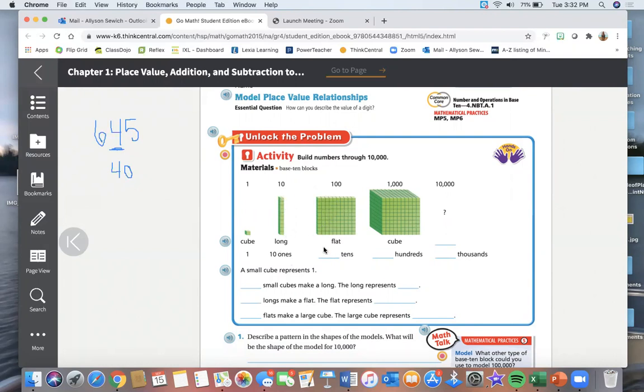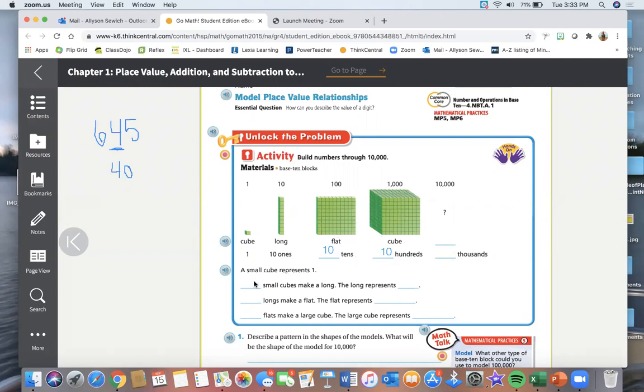So right here, I'm going to write 10 because there are 10 longs and 10 tens in a flat, in a 100. Here I have a cube. In the cube, I have 10 flats or 10 100s in the cube. Right here, we are going to hold off because we are going to answer these questions together.